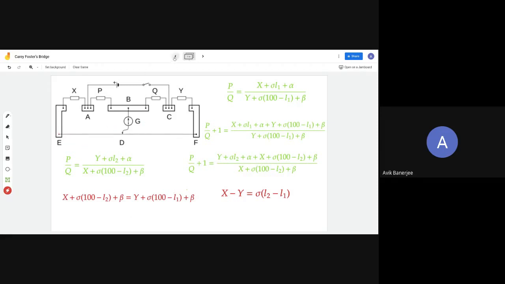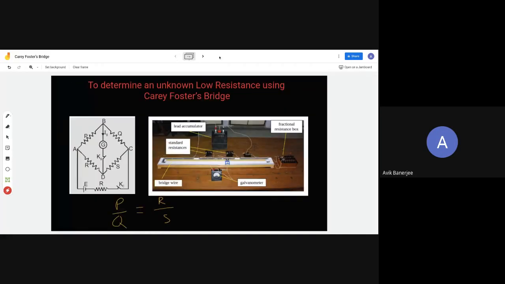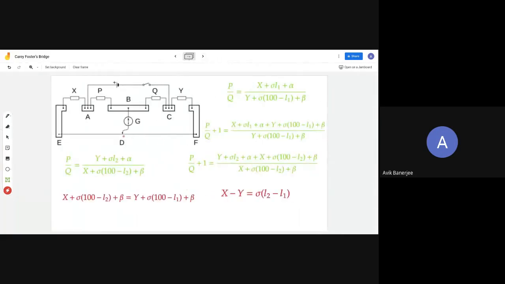So, and what is S? Similarly, S is the resistance of this part of the wire, DF, plus the resistance of this part, plus Y.